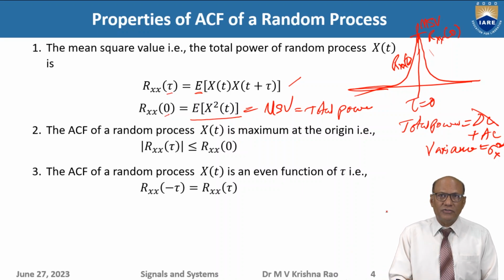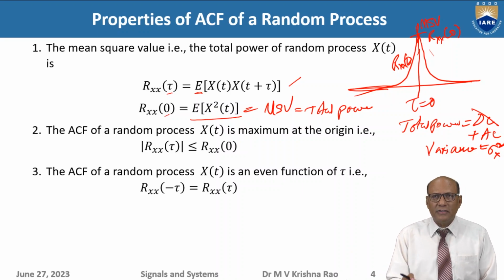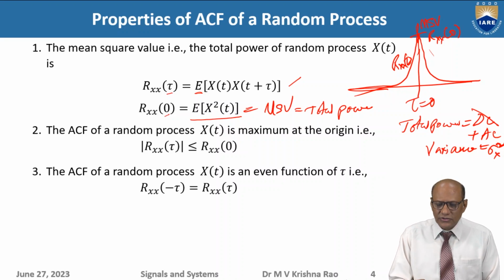Here, these are all ensemble values. You should not take a single waveform and see. You have to take multiple sample functions, multiple time functions, then find it and average it. So that is how you get this. Variance is a constant value. Total power is a constant value. If the mean equals 0, that is variance.